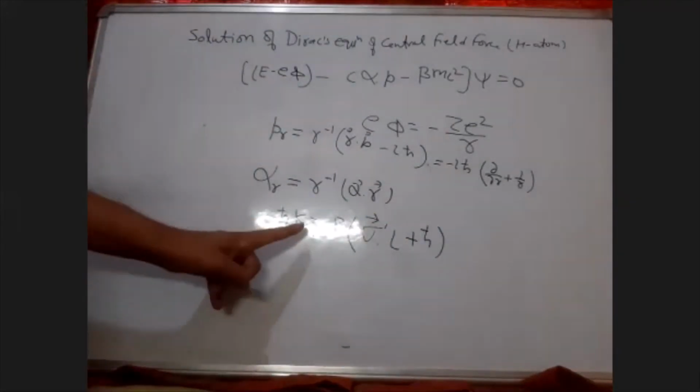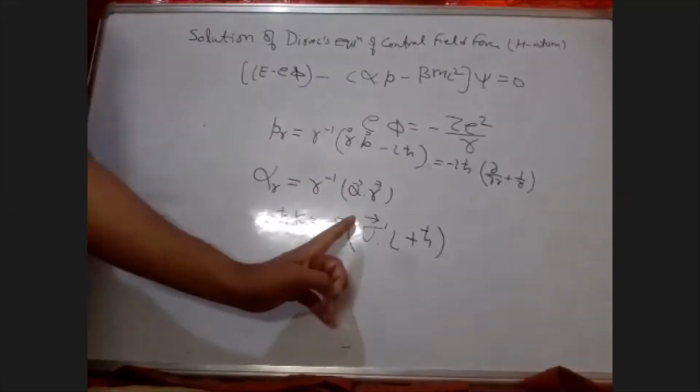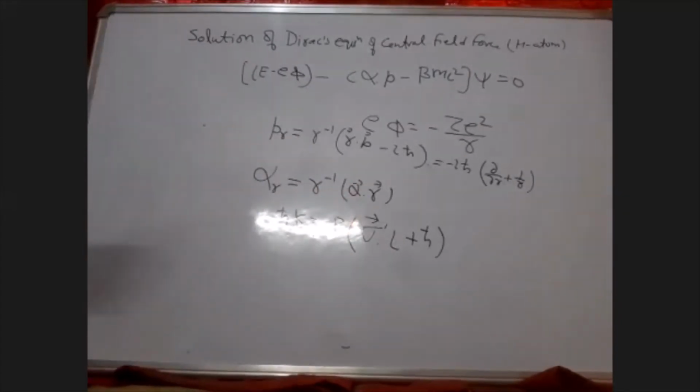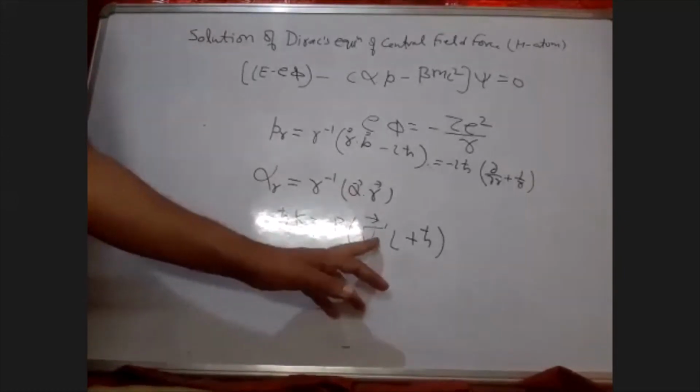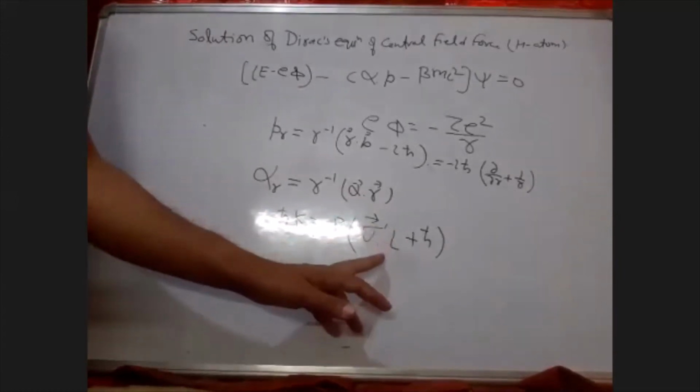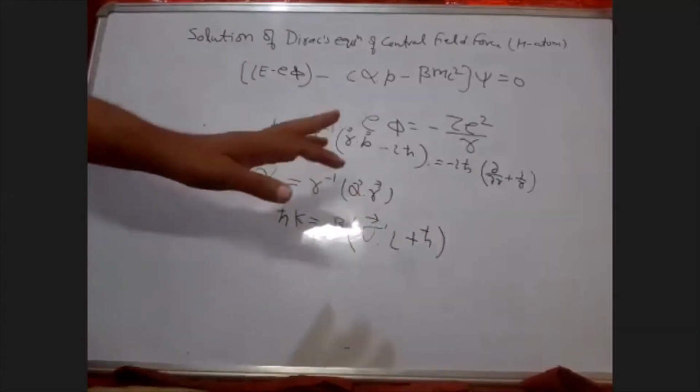We define a new operator K such that h cross K is equal to beta sigma dash dot L plus h cross. So we define this new operator.